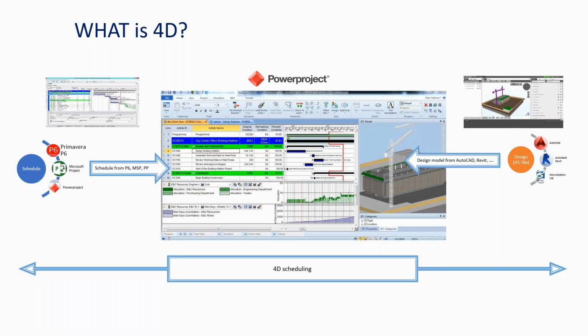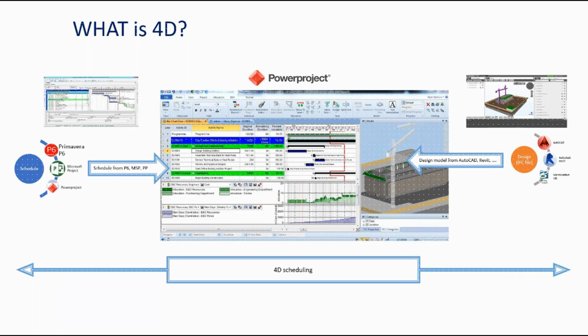Okay. What is 4D? I know that many of you listening to this webinar have a planning background, and we used Excel, then Microsoft Project, and many of us use Primavera, still using Primavera. But BIM has been a very hot topic the last 5-10 years.